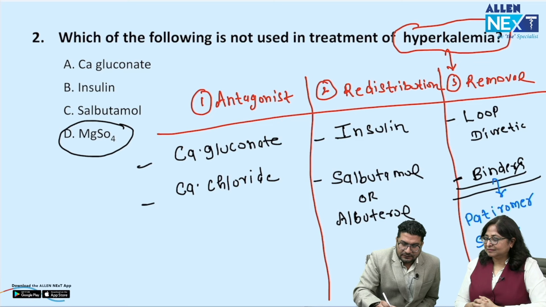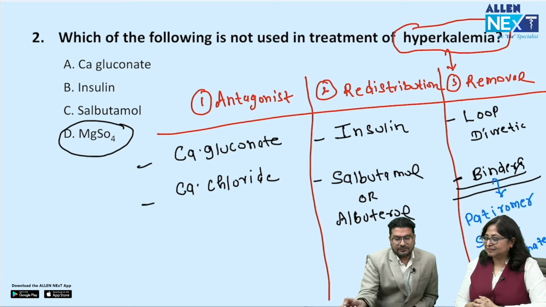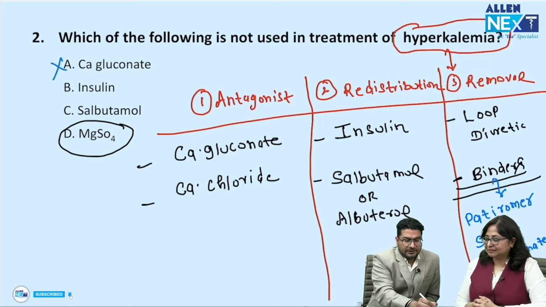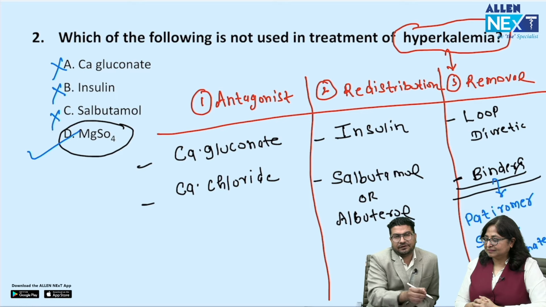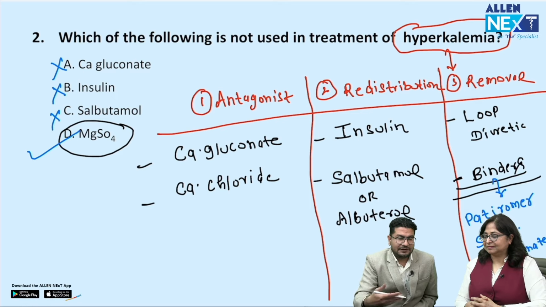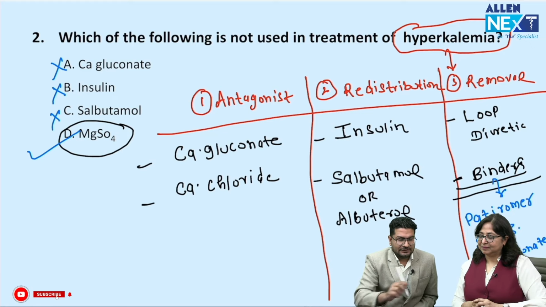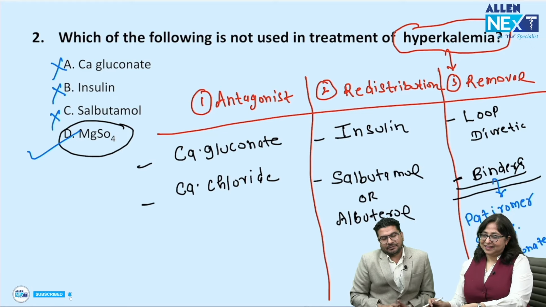And second is sodium zirconium cyclosilicate. So these are the available options. Now see, we can use calcium gluconate, that is the antagonist, we can use insulin, we can use salbutamol. MgSO4 we use to treat hypomagnesemia and in arrhythmia, that we have discussed, that is torsades. So this is the treatment part about hyperkalemia.